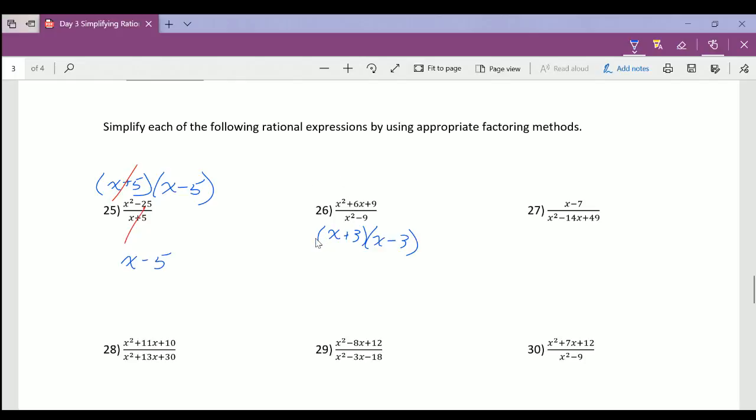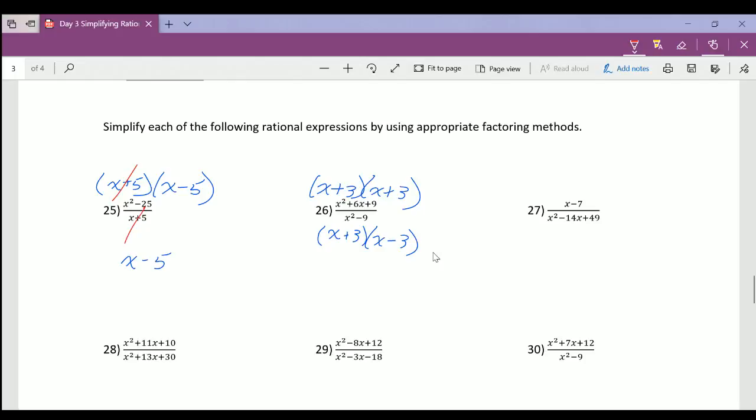And again, you can make your lists like I was doing above. Also here, you might want to just try the numbers that are in the other part. So maybe 3 would be a good number to use since we have a whole bunch of 3's down here. And it does turn out to work. X plus 3 times x plus 3. 3 plus 3 is 6. And 3 times 3 is 9.